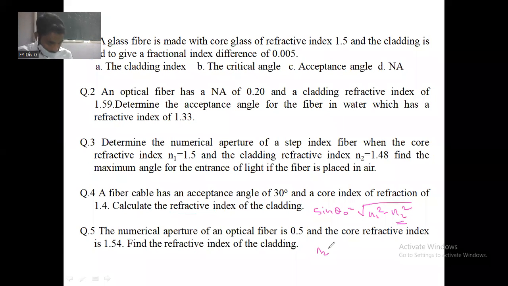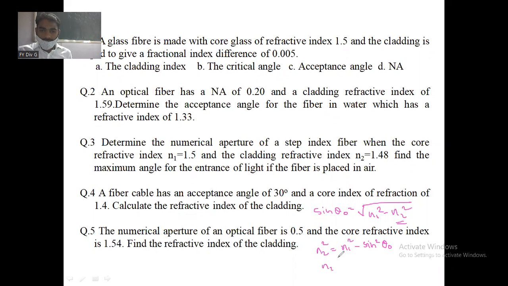So n2 square is equal to n1 square minus sin square theta 0.